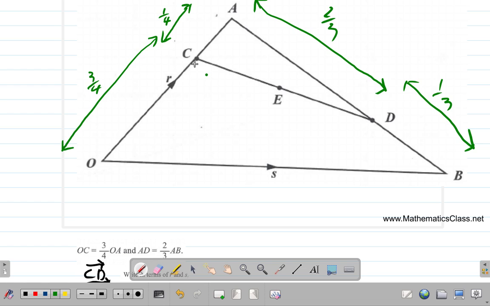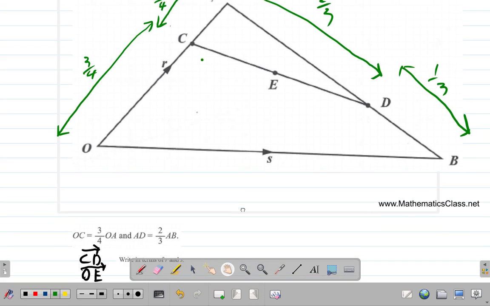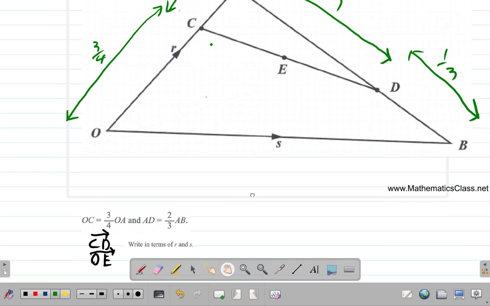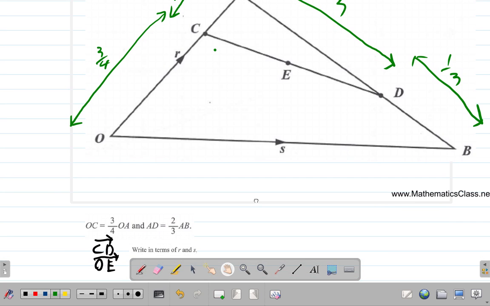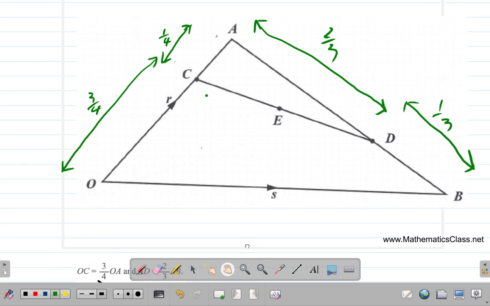So O to C is 3/4 of the way, therefore C to A is a quarter of the way along OA. If you go from A to B, A to D is 2/3 of the way, and then D to B is 1/3 of the distance.